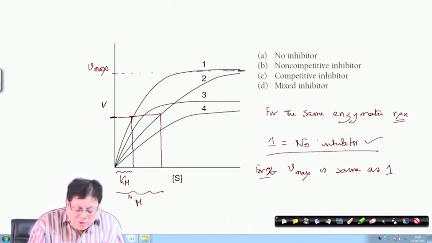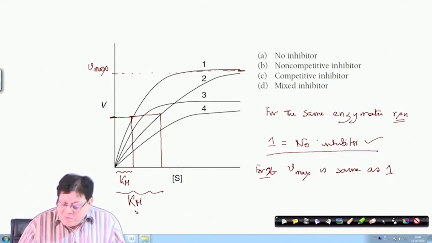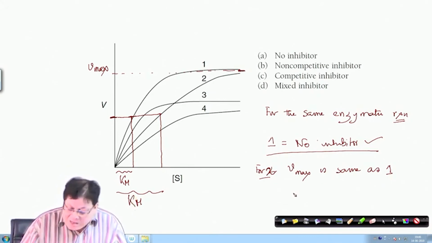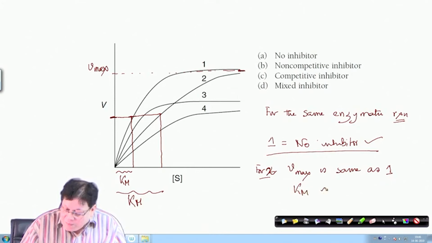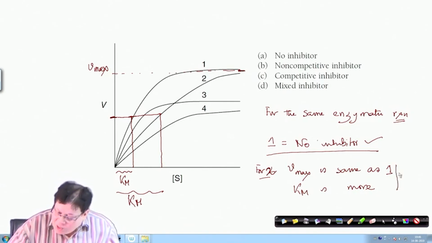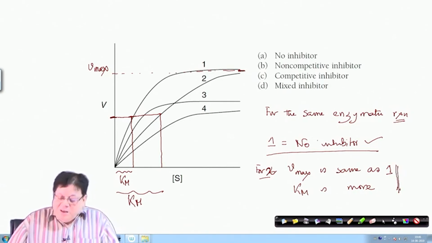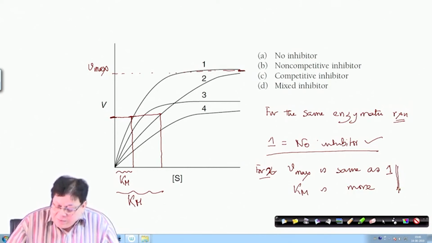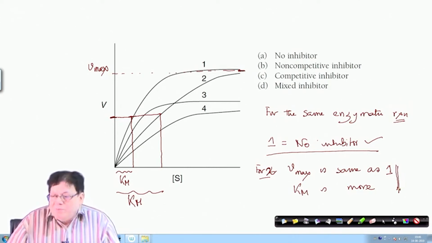So, for 2, V max is the same, but Km is more as compared to 1. Okay.